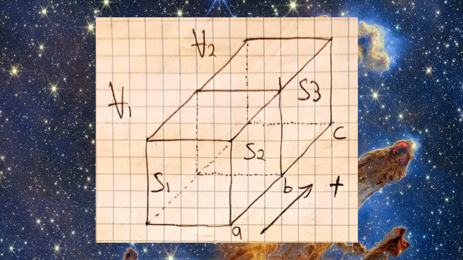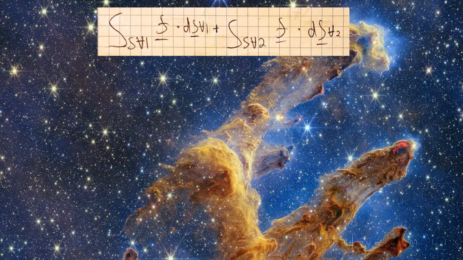let's take a look at two cubes together. So if we try to take the surface integral of these two cubes separately and then add them together, let's see what happens. So I've got the surface integral of volume 1 plus the surface integral of volume 2.